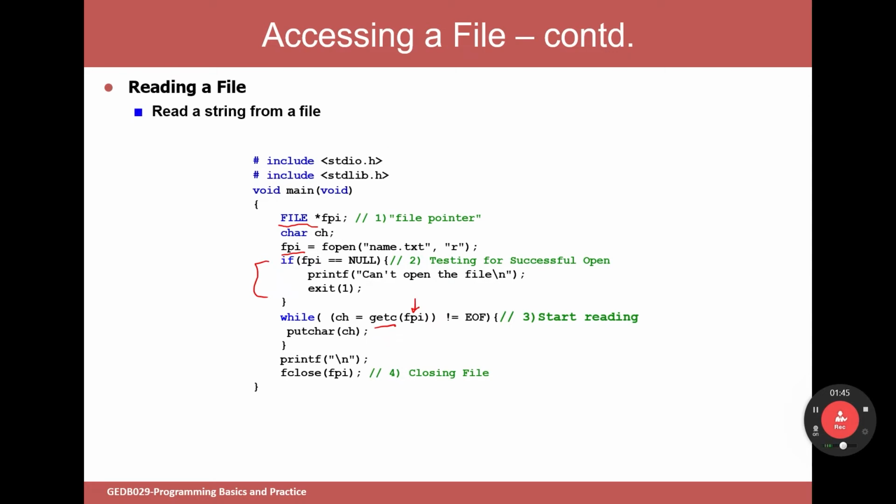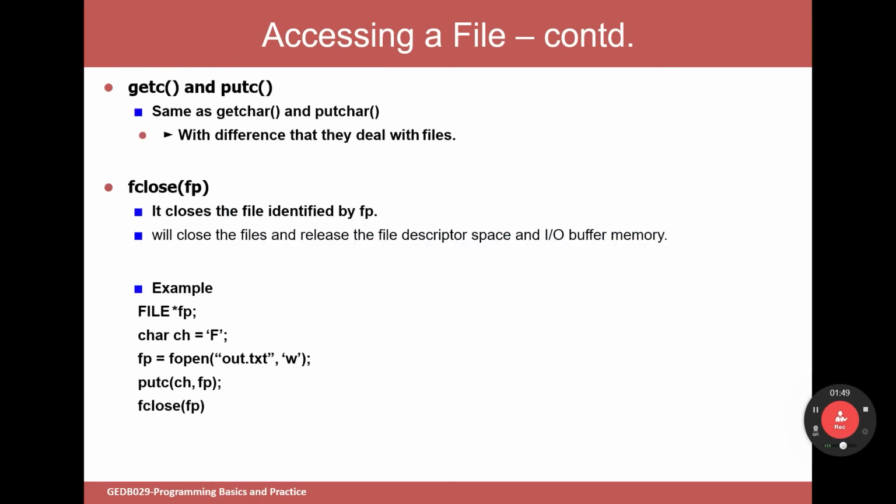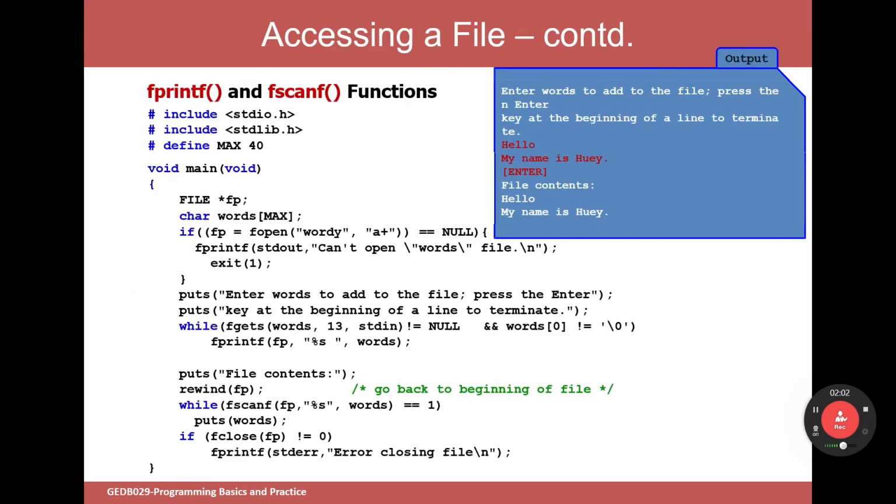Today we are going to see other examples of reading and writing to a file, not using getc to read and putc to write characters. Now we will see another way, using fprintf.